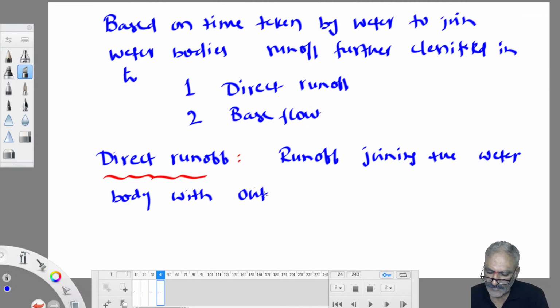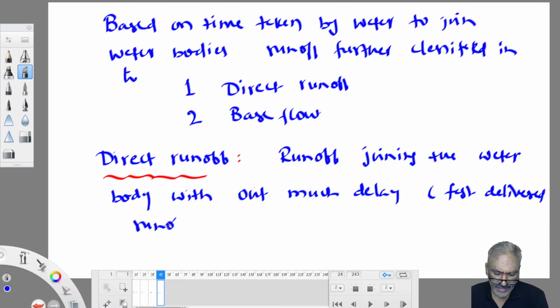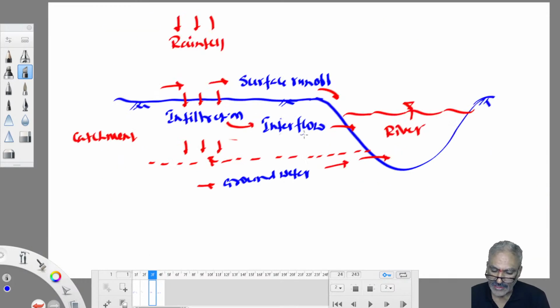Runoff joins the water body without much time delay. That fast delivered runoff is called direct runoff. Fast delivered runoff from a catchment is called direct runoff. This includes surface runoff and prompt interflow. Interflow is further classified into two categories, prompt interflow and delayed interflow.